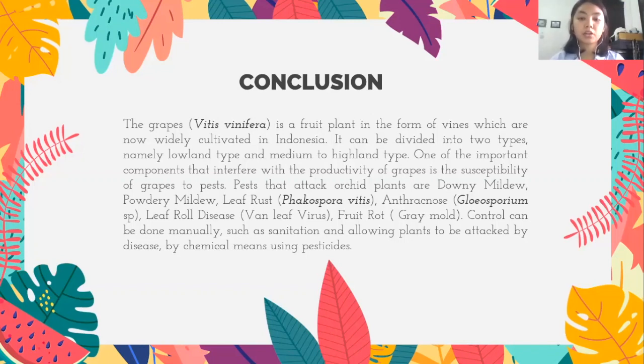Pests that attack grape plants are downy mildew, powdery mildew, leaf rust, anthracnose, leaf roller, and fruit rot. Control can be done manually, such as sanitation, or by chemical means using pesticides.